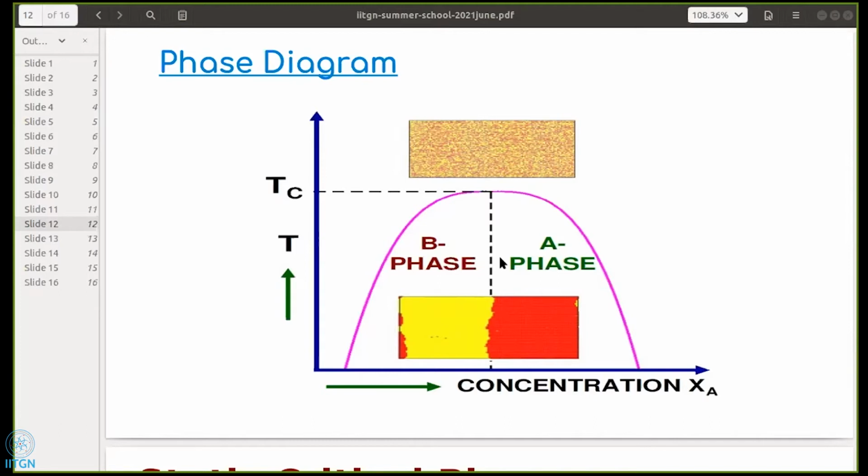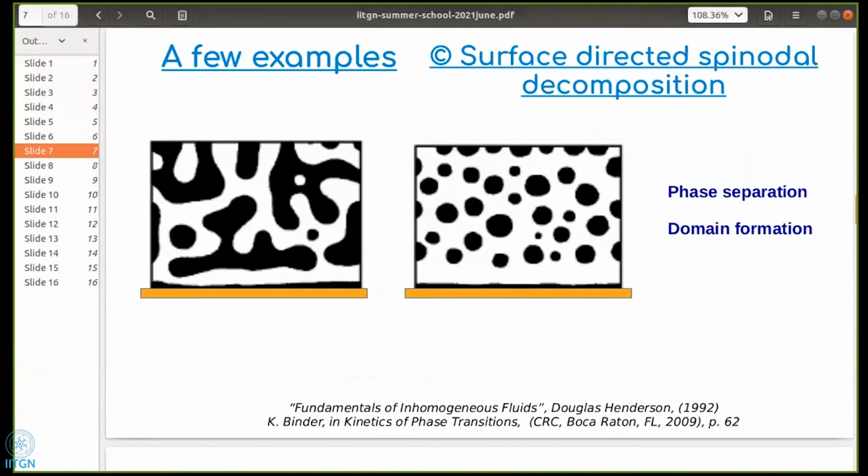Now, if you look at the system here, this fluid I have kept in contact with a surface. And let's say this surface prefers the A type of particles, which are mainly the black particles. Because the surface prefers the A particles, you will have a layer of A particles forming on top of the surface.